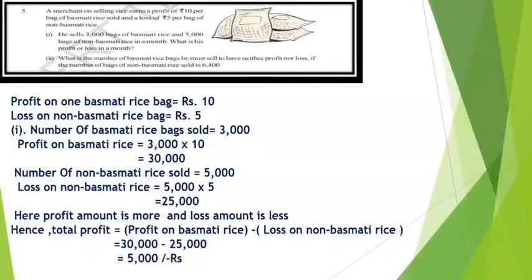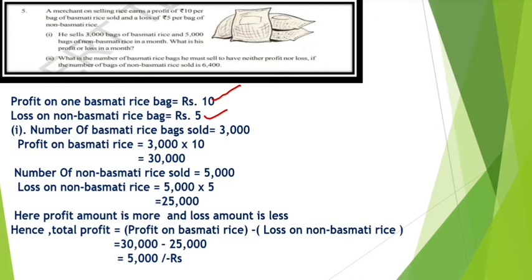After that we have to check whether he gets loss or profit. Profit on one basmati rice bag is 10 rupees, and he is getting a loss on a non-basmati rice bag, that is 5 rupees.